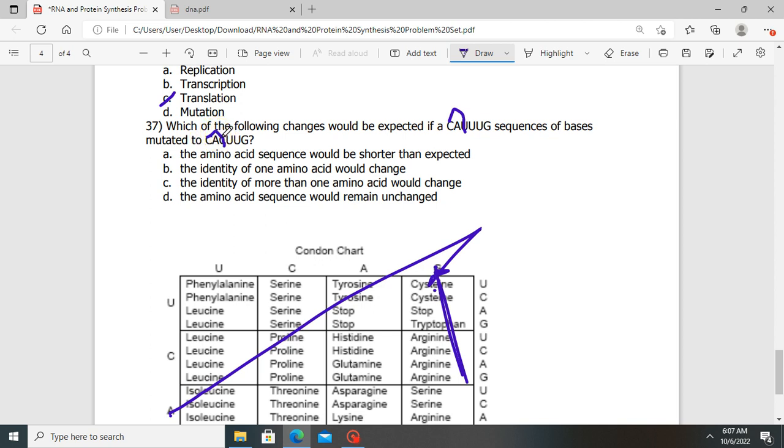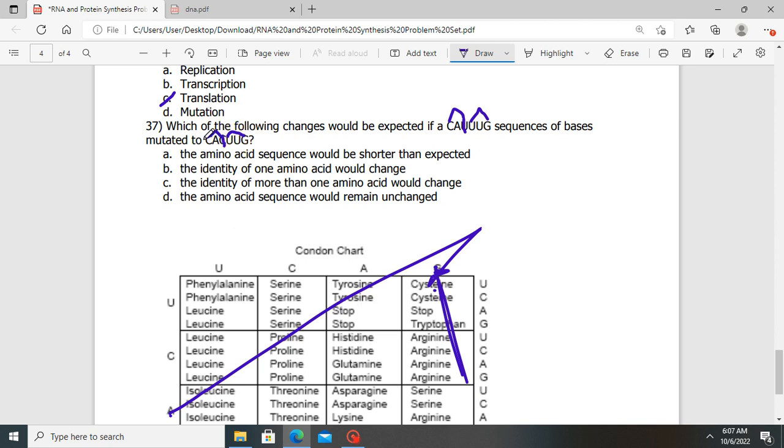So what change can we expect? The amino acid sequence will be shorter than expected. The identity of the one amino acid will change. The identity of more than one amino acid will change. The amino acid sequence will remain unchanged. So let's see. The second codon is UUG, and it's the same here.